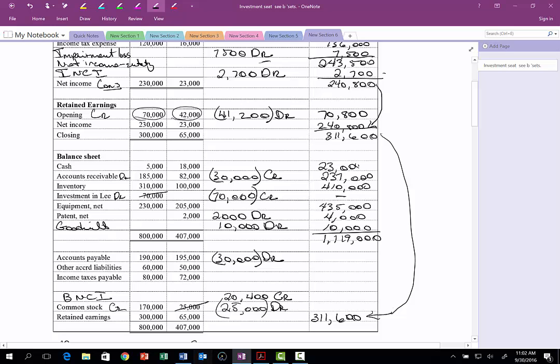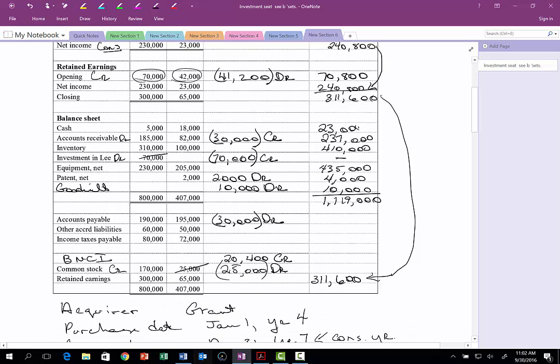All right. Looking now at the payables and equity side, accounts payable is 355,000. And other accrued liabilities is 110,000. And income taxes payable is 152,000. Okay?